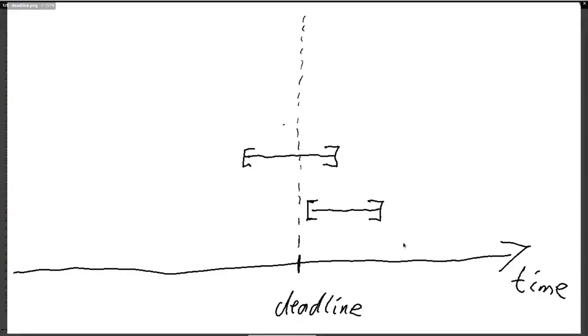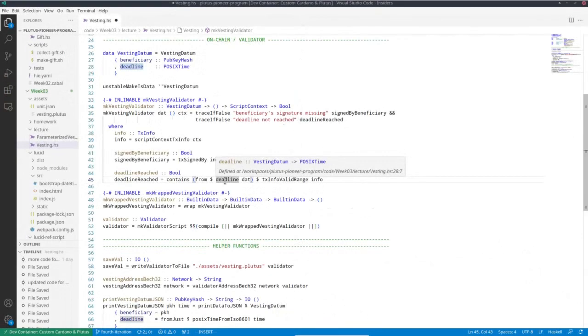And one way to do this is to use this contains function that we played with earlier, and look at this interval, the half open interval that starts at the deadline and stretches into infinity. And if this interval contains the validity interval of the transaction, then we are good. Then we know no matter where the current time is, it will be after the deadline. So we know the deadline is the second field from our datum, which we can get with the deadline accessor.